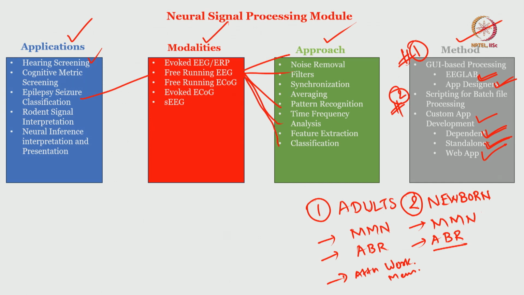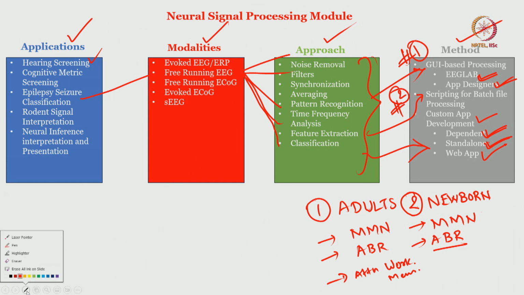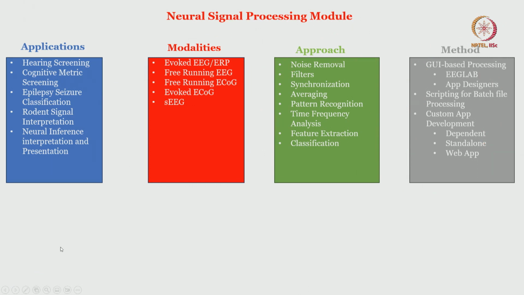All this can be done using an app with a GUI, it can be done using scripting, or you can develop an app which combines the two. So as I mentioned, a lot of combinations are possible and a lot of things can be discussed, but considering the time factor, we will be discussing some of the modalities and some of the demos.